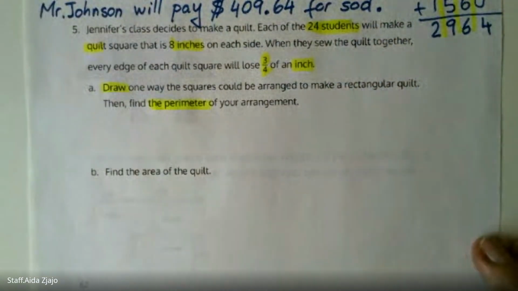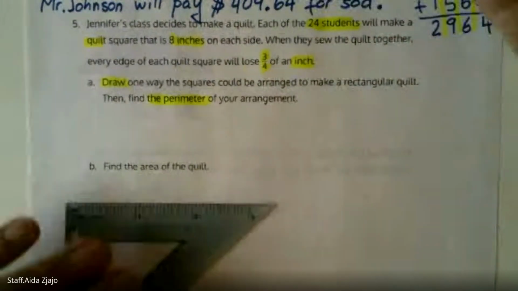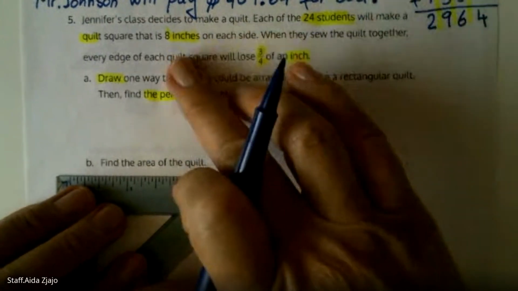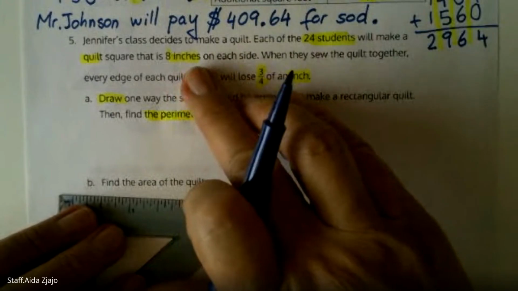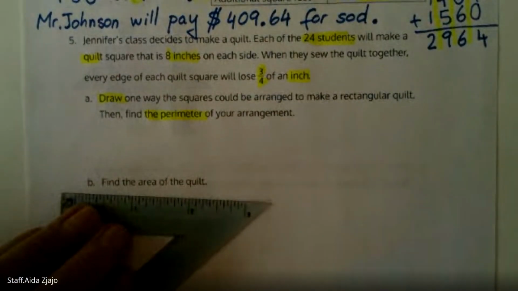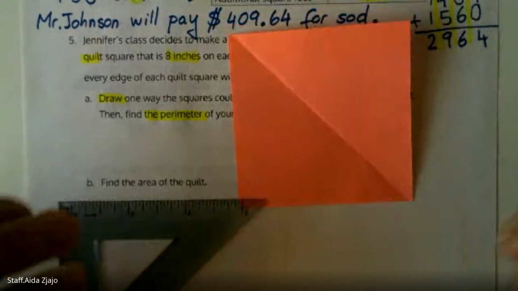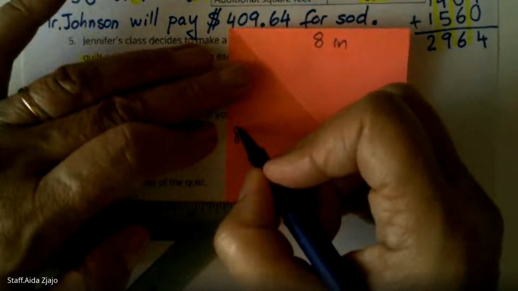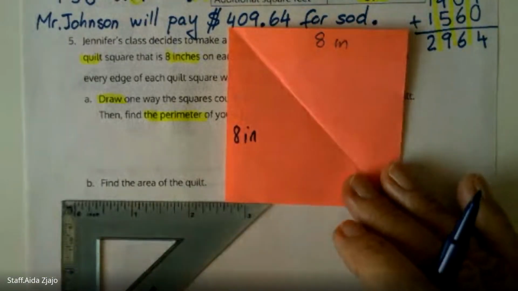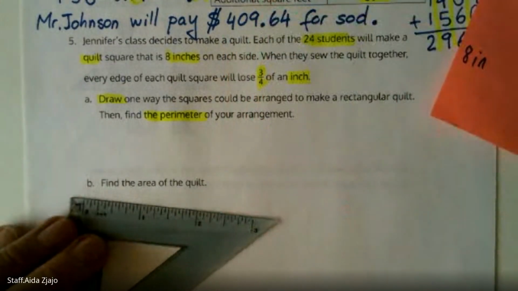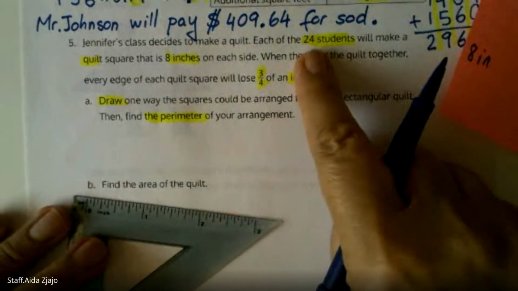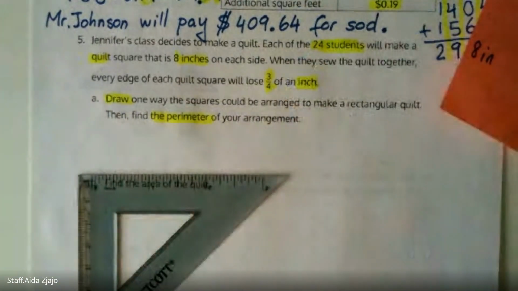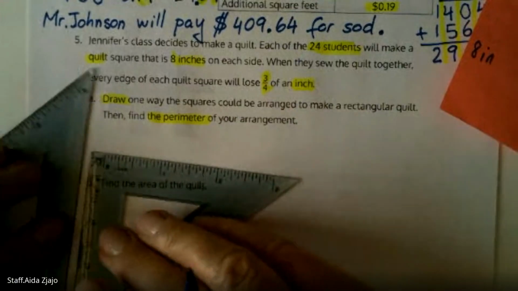So when you think about this, it's 24 students, and each of them will bring one square like this, and it will be 8 inches by 8 inches. So any combination to make 24, and multiplication could be the solution for making the quilt.